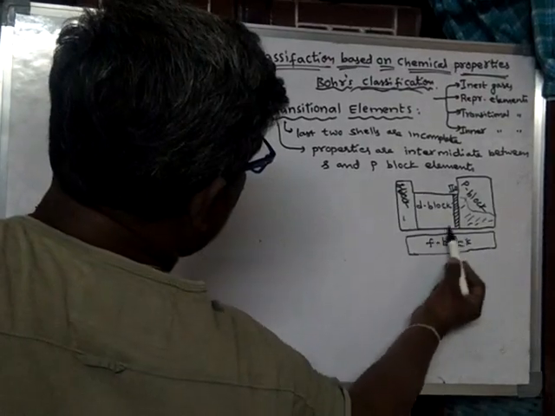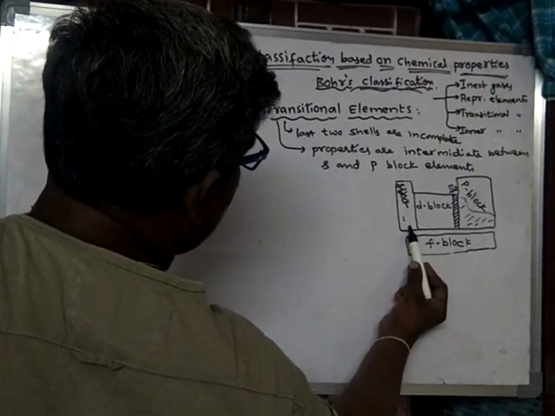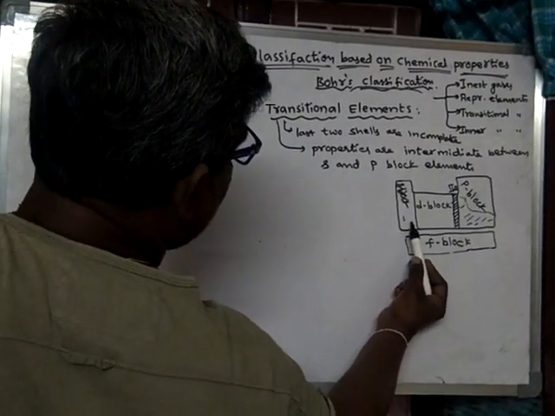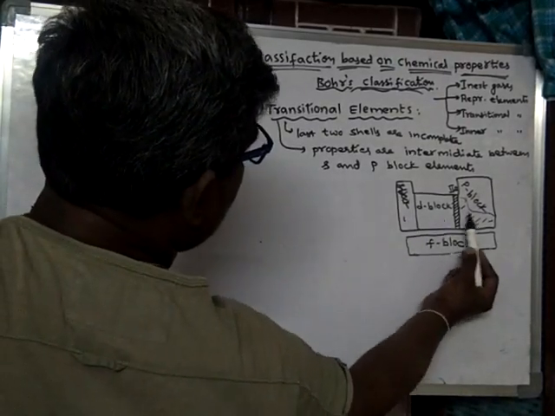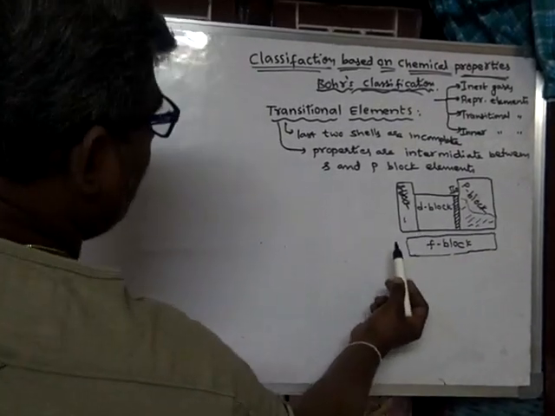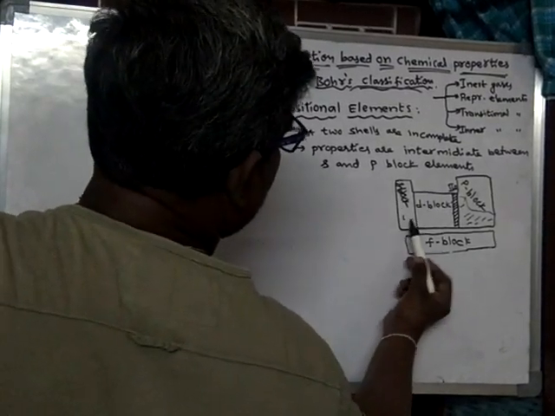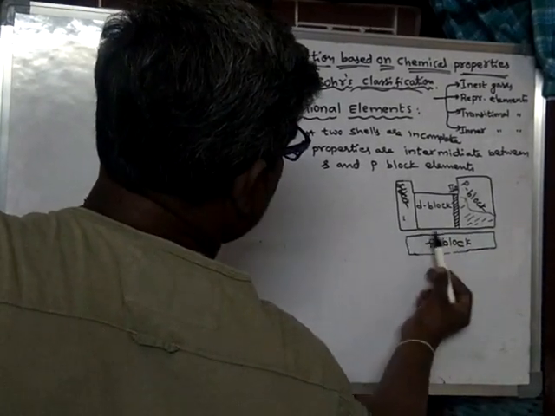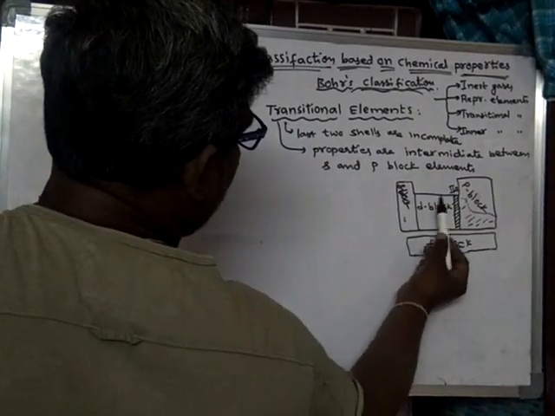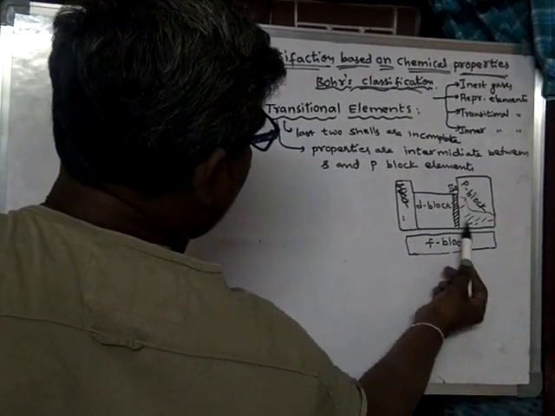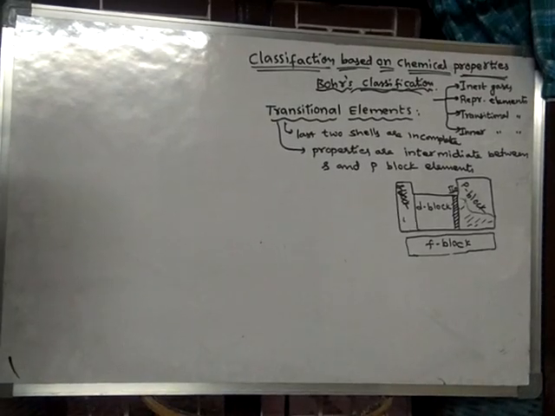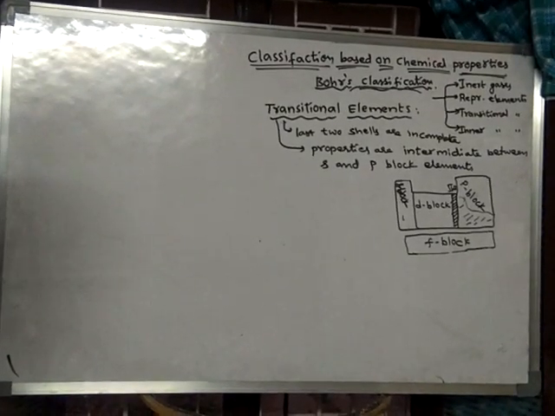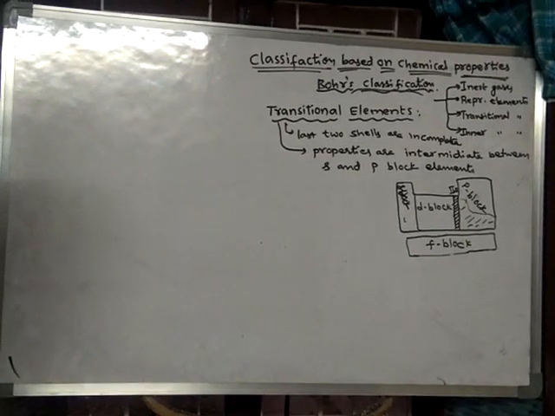So the metallic nature is transferred from strong metallic nature to weak metallic nature through these D block elements. Hence, D block elements possess intermediate properties between S and P block elements.